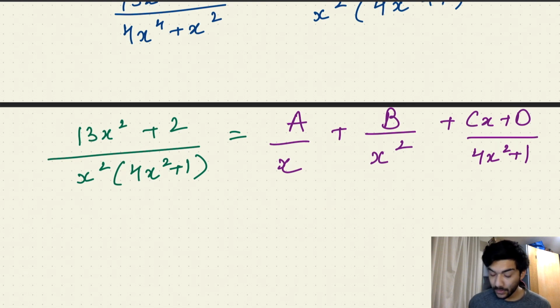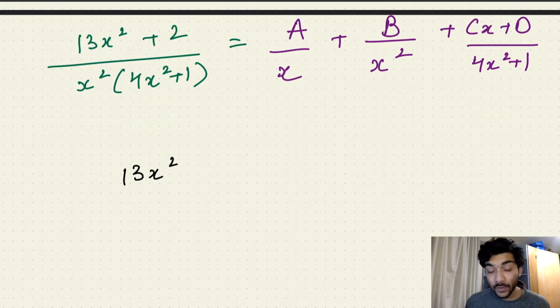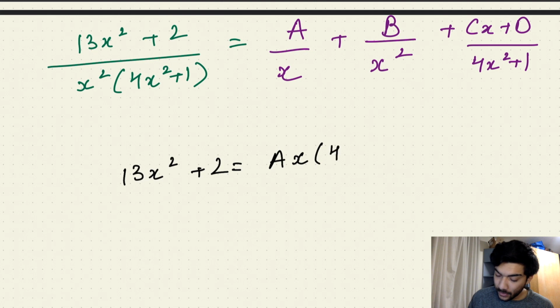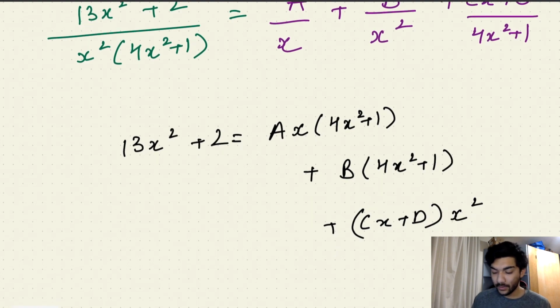Again, in order to simplify this expression, we use the same concepts that we discussed in the previous videos. So now you can solve for your constants a, b, c, d by basically equating the numerator on the left side with the numerator on the right hand side. If you do that, you'll basically get 13x² + 2 equals a times x times (4x² + 1) plus b times (4x² + 1) plus (cx + d) times x² over here, right?